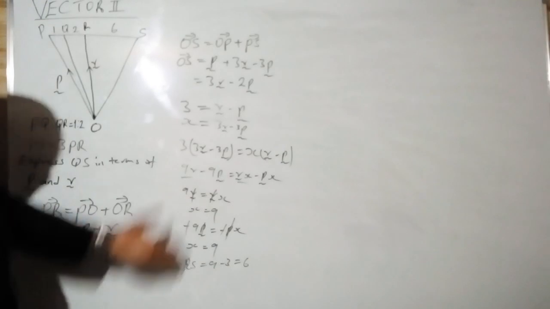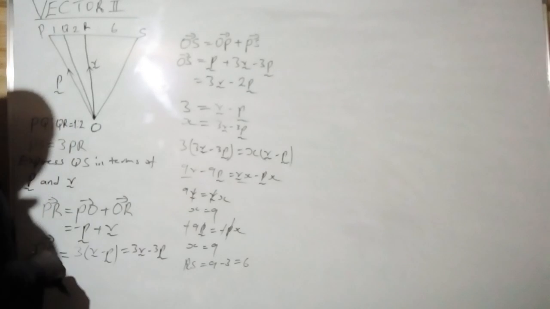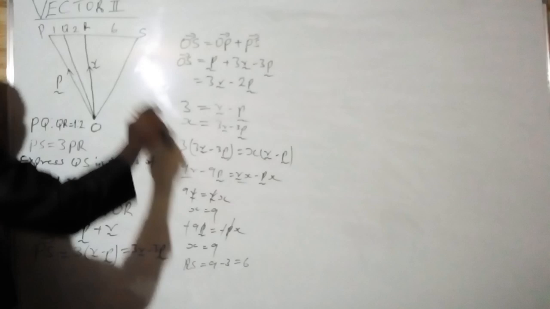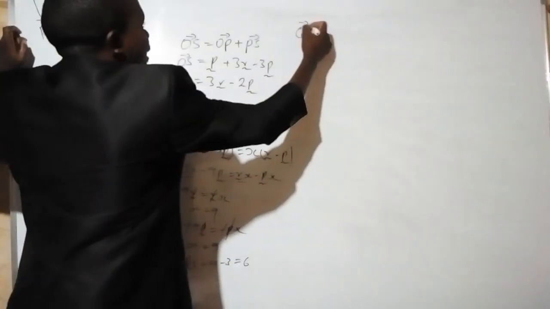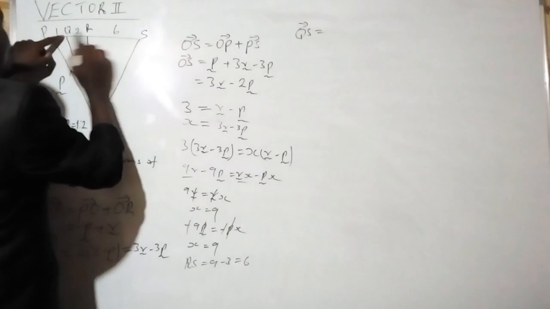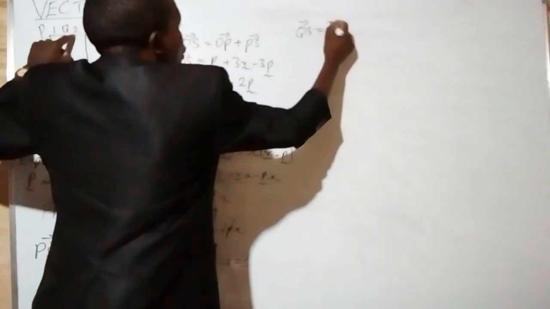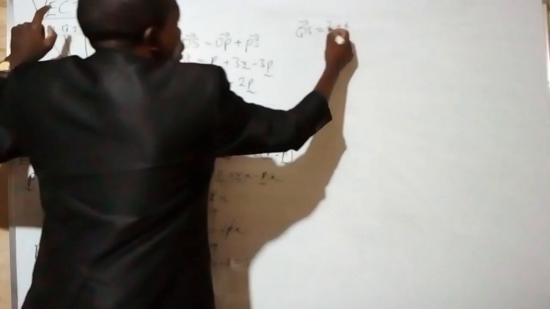Then after that, we are going to come here and say that express QS. You can come here and say that QS is equal to 2 plus 6 all over total PS.